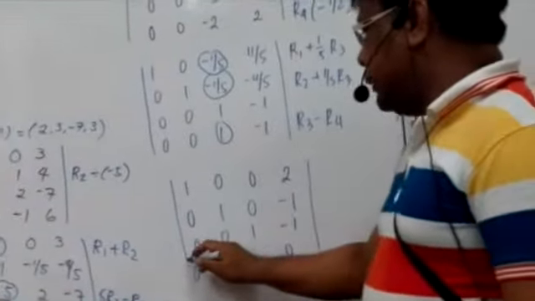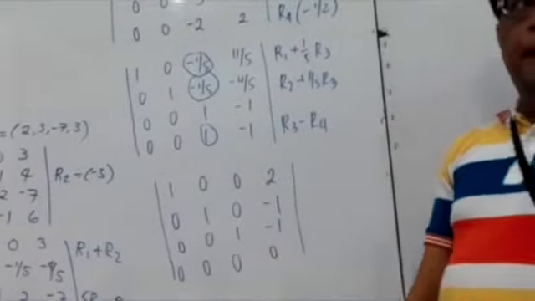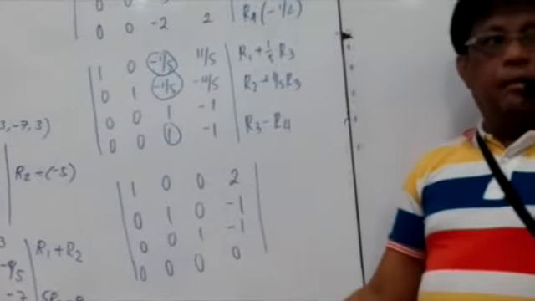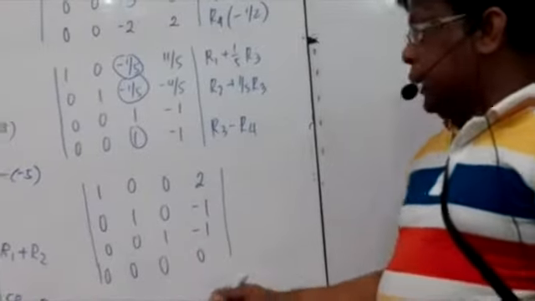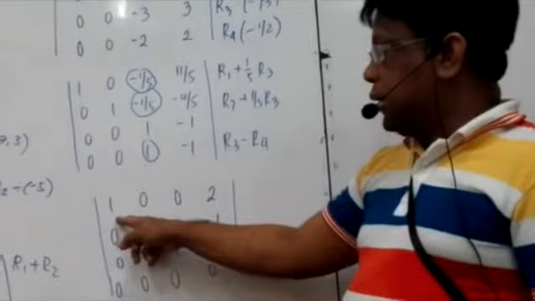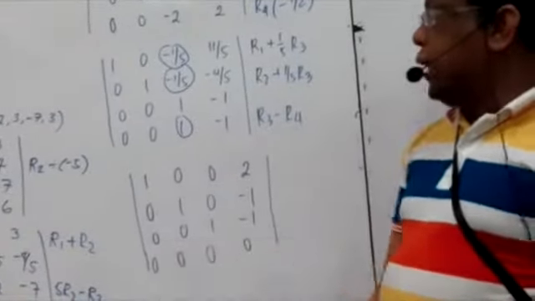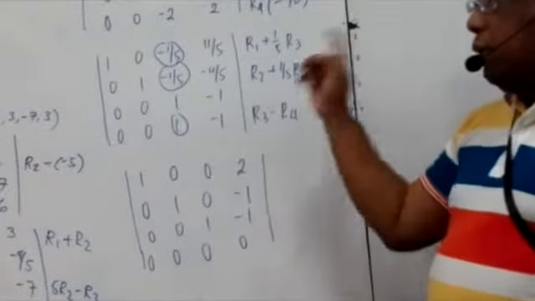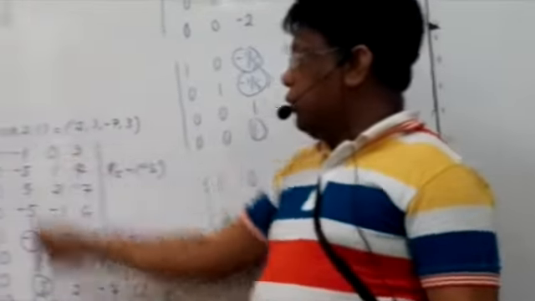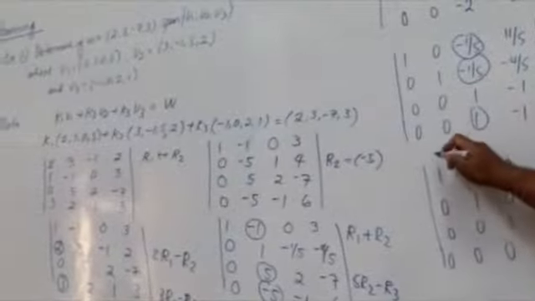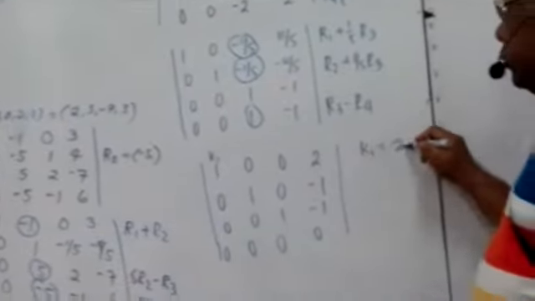Okay? So, class, identifying now the values of K1, K2, and K3. Each leading one here corresponds to a constant, no? And that constant refers to the scalars K1, K2, and K3. For the first column, class, this will be K1. So K1 equals 2.